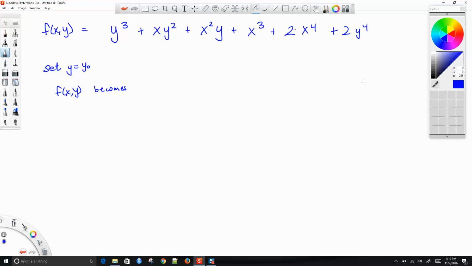Okay, so f of x, y, if you set y equal to 0, then basically you really just have the x terms to worry about, right? So this becomes y sub 0 cubed plus x y0 squared plus x squared y0 plus x cubed plus 2x to the fourth plus 2 y0 to the fourth, okay?